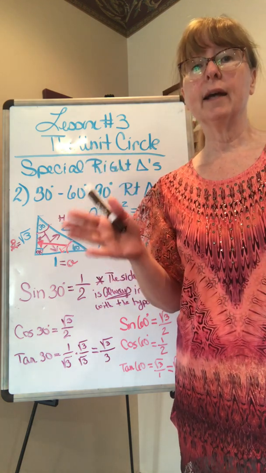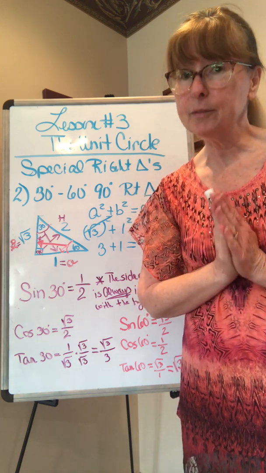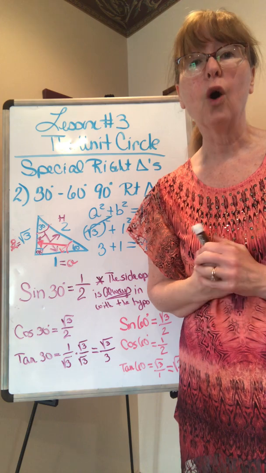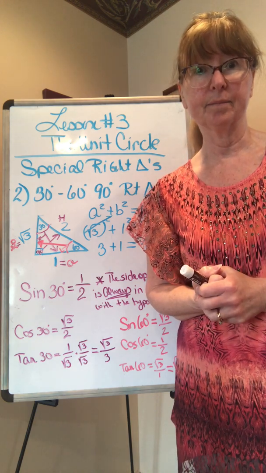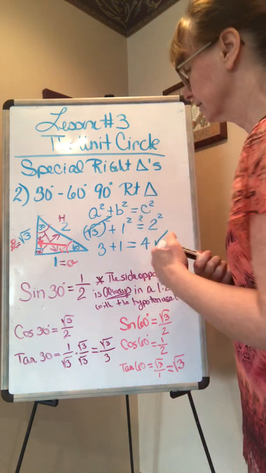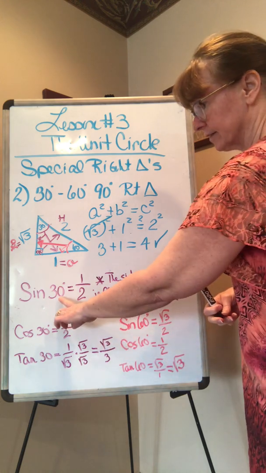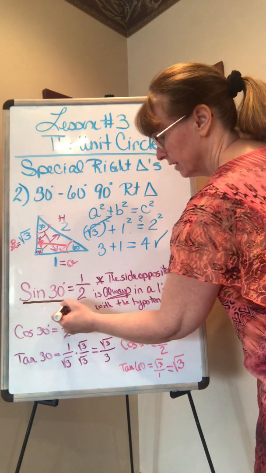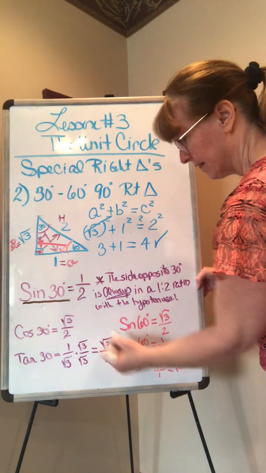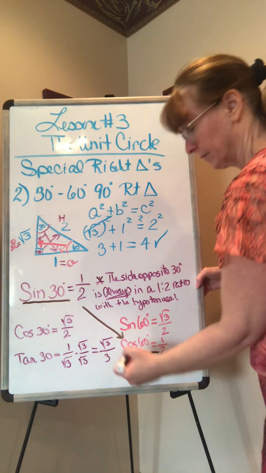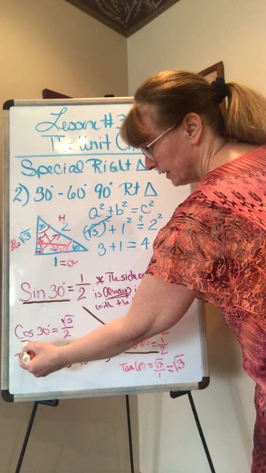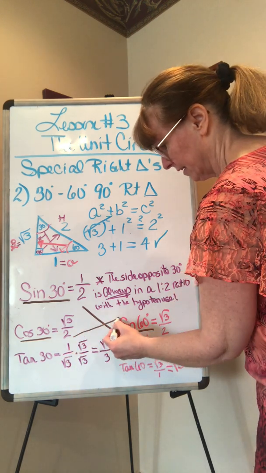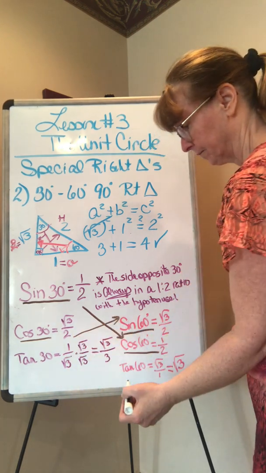Now, when you have two angles that add up to 90 in the same circle, the sine and the cosine would be called cofunctions of one another. And the cofunctions, if you look, the sine of 30 to its cofunction, cosine of 60, they're the same. The cosine of 30 to its cofunction, the sine of 60, they're the same.